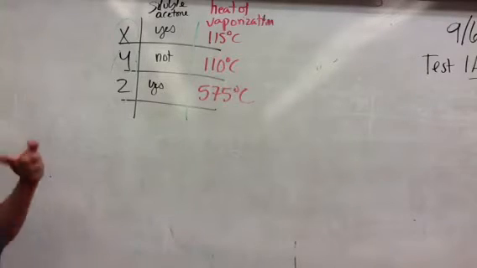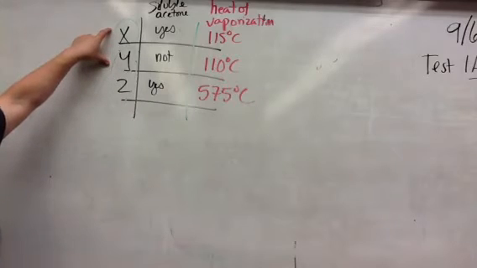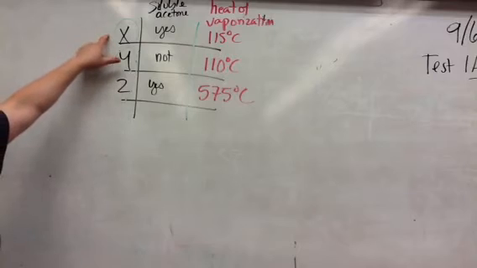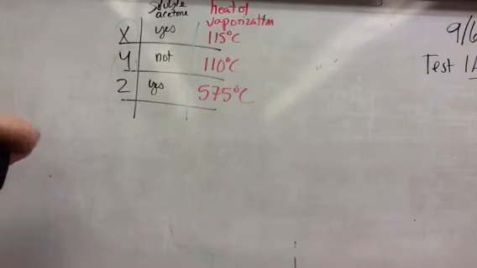Can we easily separate X and Y by heating? No. Got a very narrow range. You're going to have a real hard time. In theory, if you heated it to 113 degrees, all of this will vaporize and you will be left with this. In reality, that's going to be almost impossible to do in a lab.